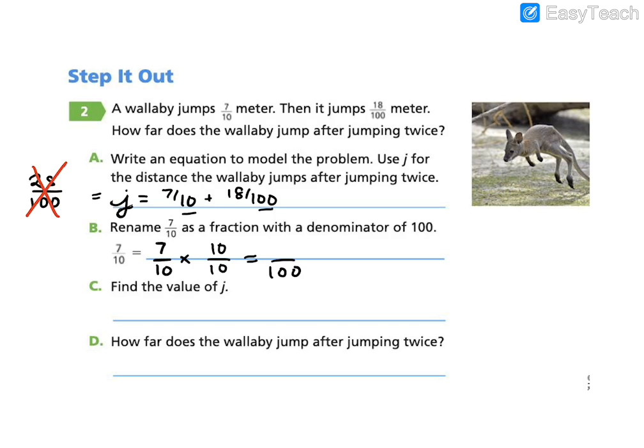So my fraction, 7/10, is equivalent to 70 hundredths. So now I can find the value of J. Right? 70 hundredths plus the 18 hundredths. Therefore, the wallaby must jump 88 hundredths of a meter.